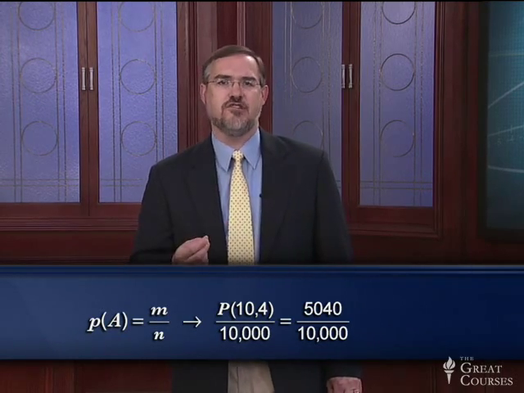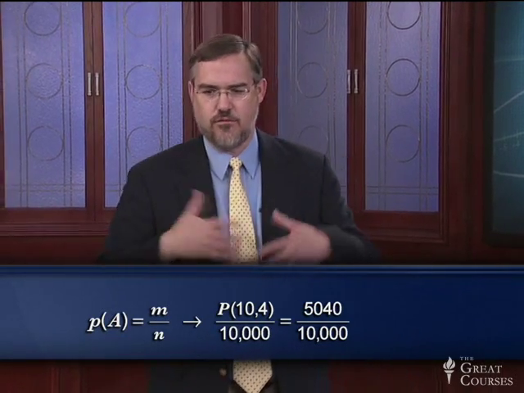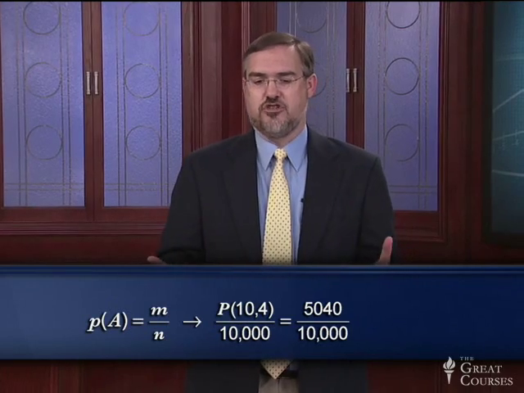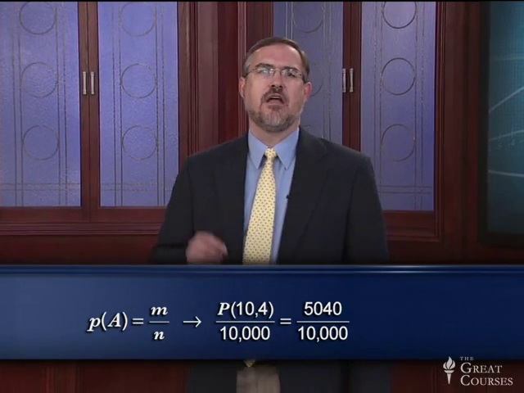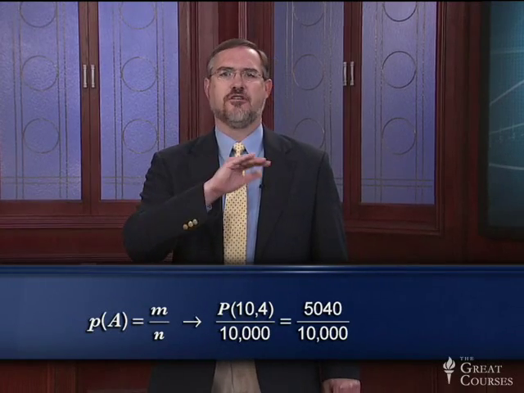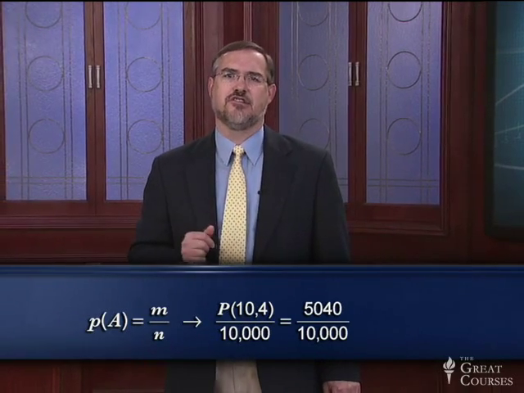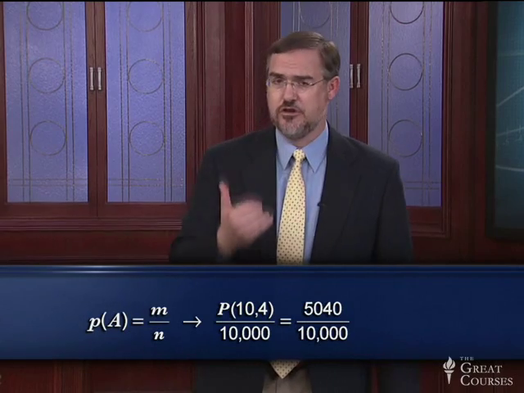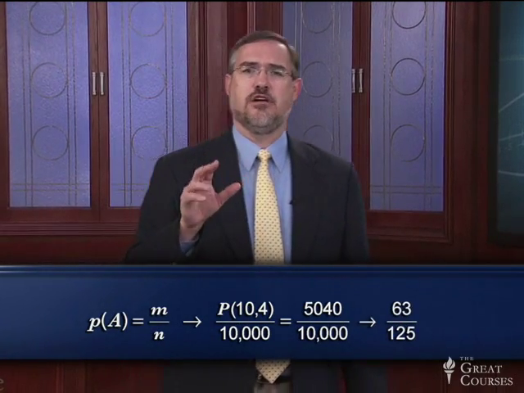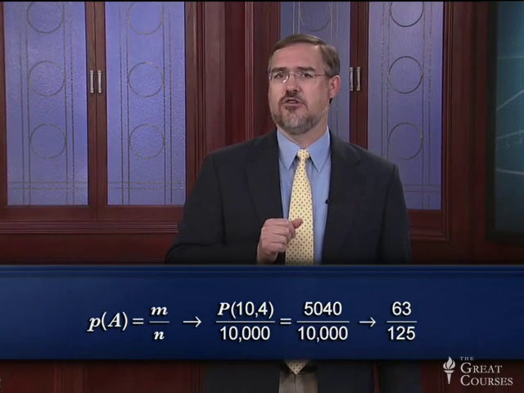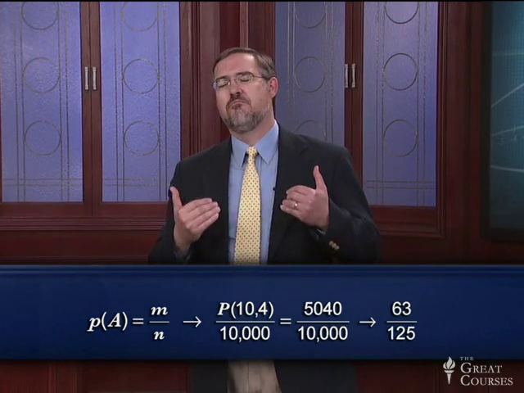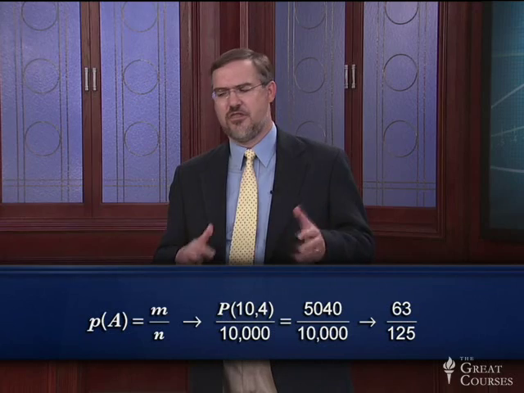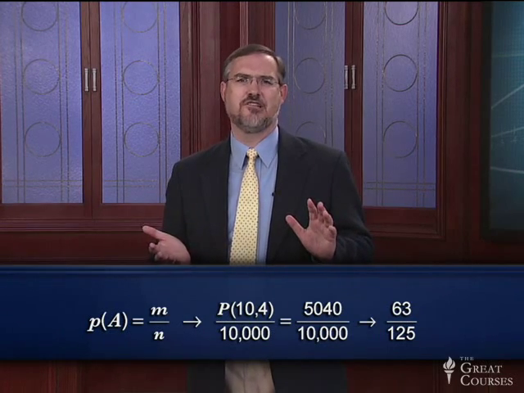Now, I now know everything I need to know about the probability that I was asked for in this problem. It turns out that the probability of just randomly getting a 4-digit phone number which has all different digits is actually 5,040 divided by 10,000, which, if you reduce just a bit, is 63 divided by 125. And let me just make a comment to you really quickly. I don't know if you paused when we started this example to think to yourself, I wonder how big that probability is going to be.